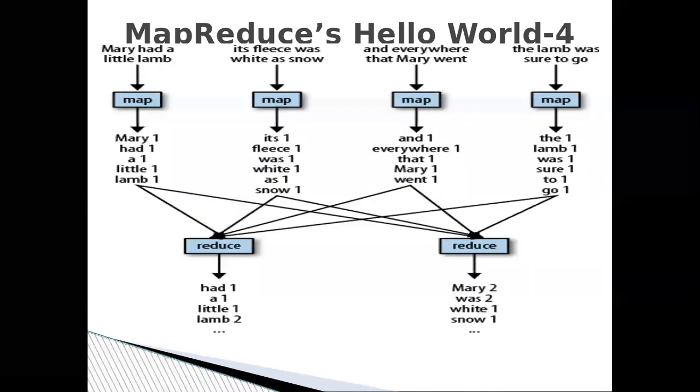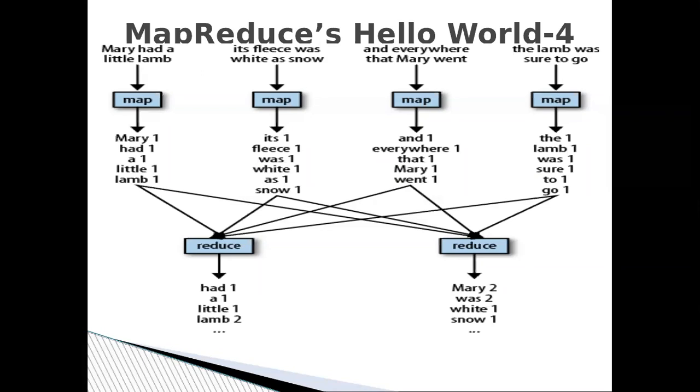Let's have a graphical view of whatever we are discussing. The first line is sent to the first map task, Mary had a little lamb. You can see the output of that map task. As we discussed, it picks up a word and writes how many times that word occurs in the text. So Mary occurs once, had occurs once, and so on. It is similar with all the lines and all the map tasks.